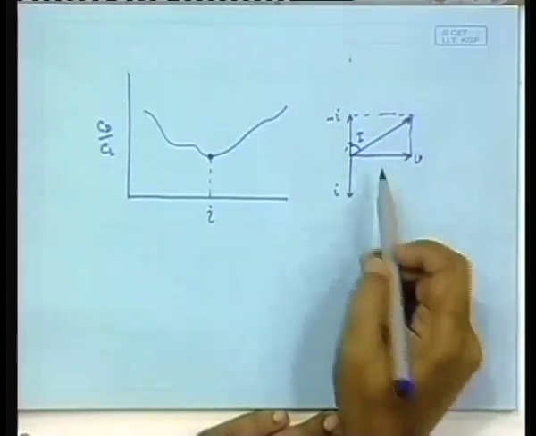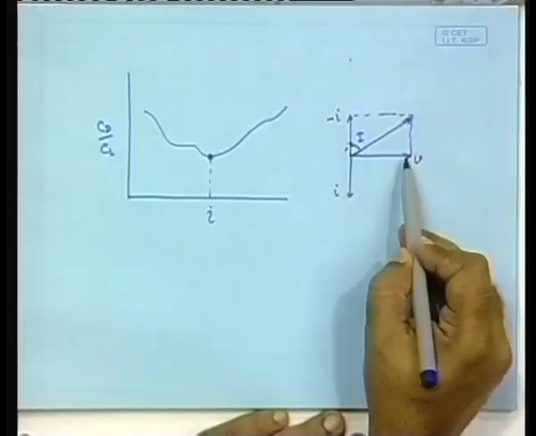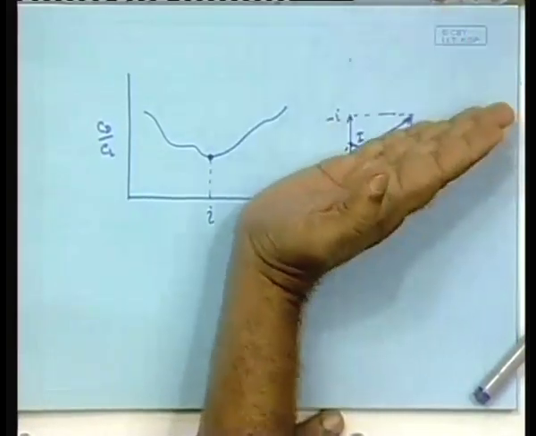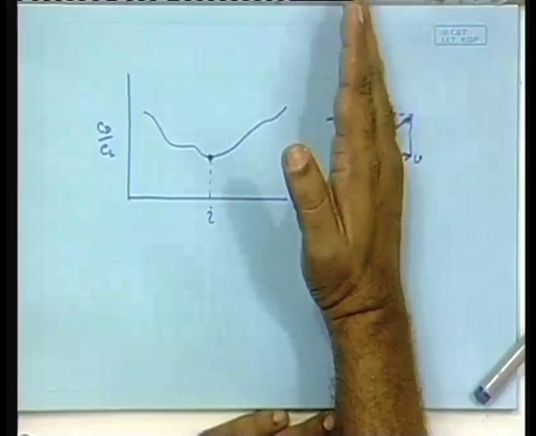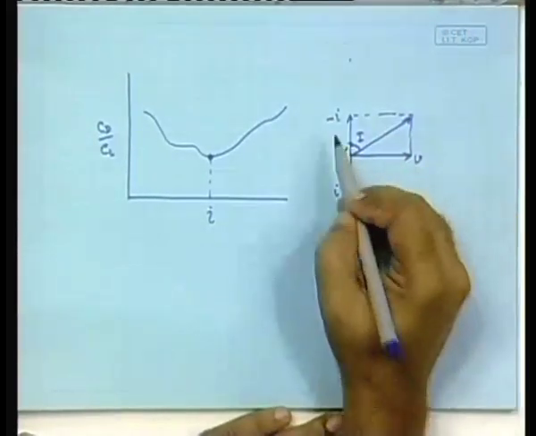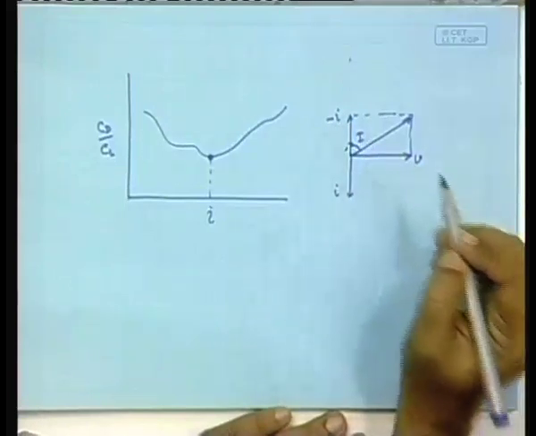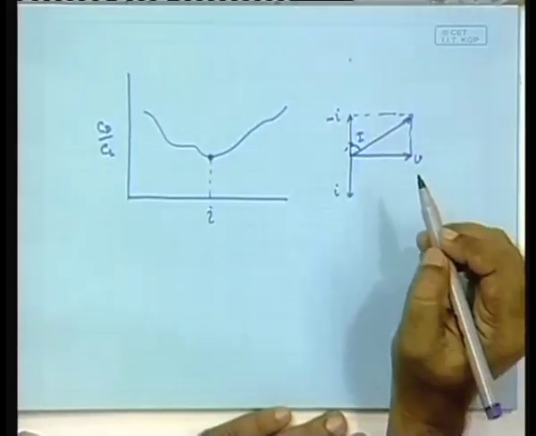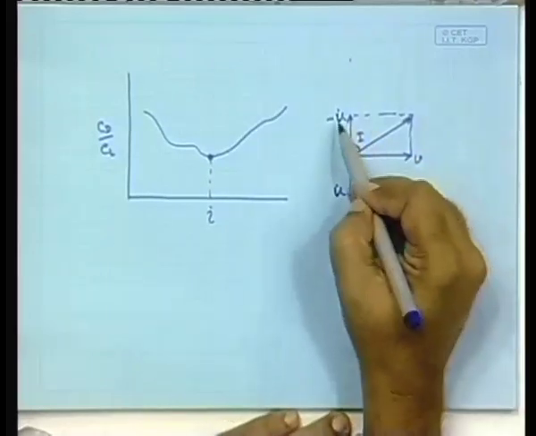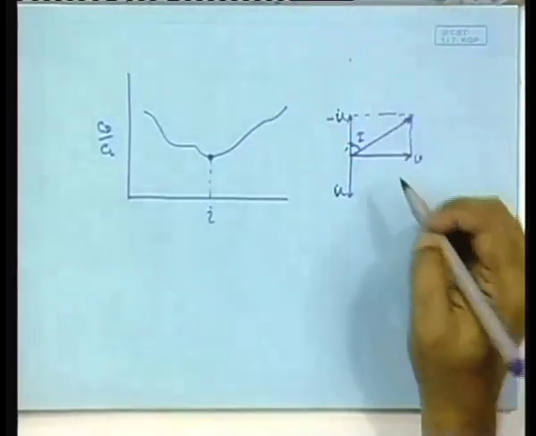So this parallelogram will change from the inner edge to the outer edge, and the relative wind will move from this side to that side as you go from the inner edge to the outer edge. Okay. No, this is u, sorry, u means the linear speed of the blade.